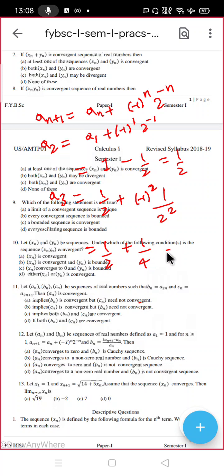Okay, so this is 3/4. And what about the next one, a4? It will be 3/4 and this time it will be minus, minus 1/2 cube. What is 2 cube? That is 8. So this will be 5/8.